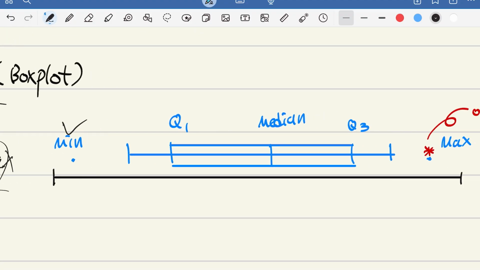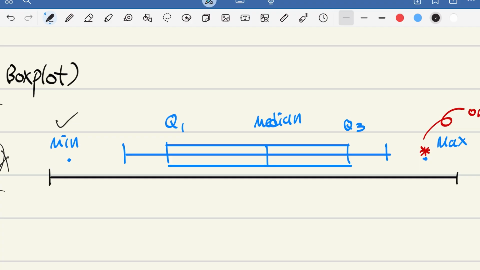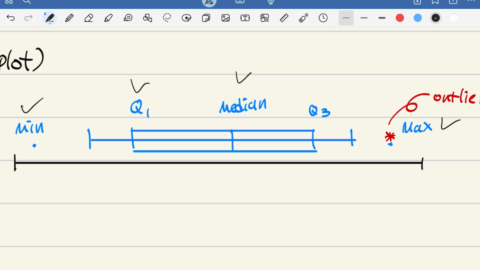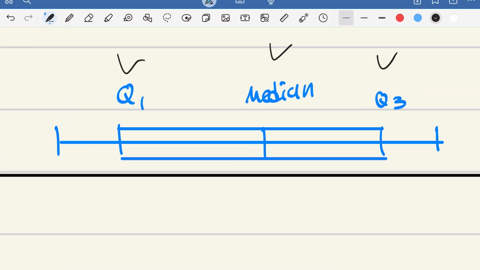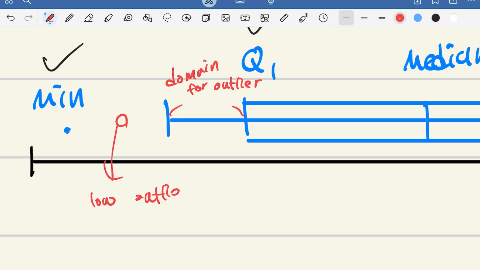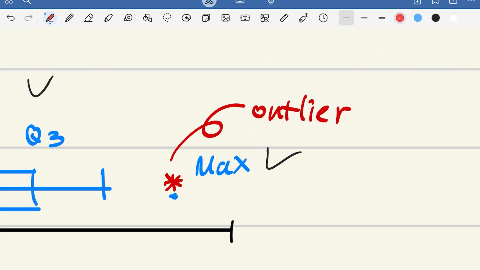And this over here is the domain for outliers. If a data value goes below this domain, it is considered a low outlier, and if it goes above, it is called a high outlier.